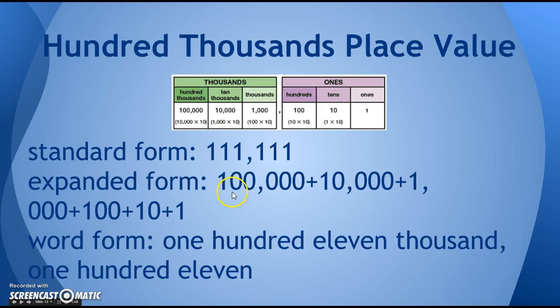In expanded form, we expand it out, so we have 100,000 plus 10,000 plus 1,000 plus 100 plus 10 plus 1. And then in word form, we write it as 111,111. And notice in this example, boys and girls, we don't have a hyphen because we write the number 11.